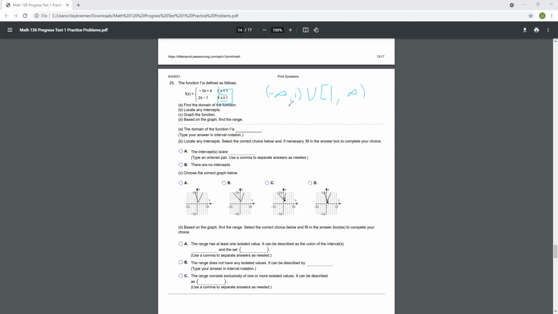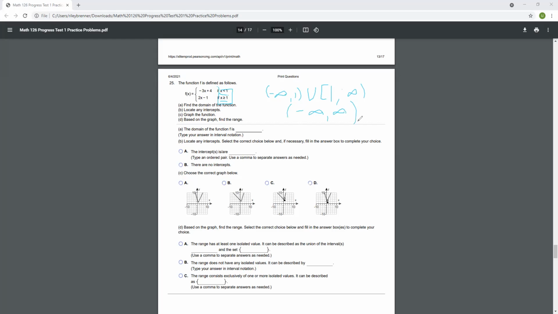Because any number in here is always going to work here, and any number in here is always going to work here. And then when you have something that's this union, I kind of like to think about it as or. It just has to exist in one or the two, right? Because I have one interval where the 1 is not included, but I do have one where it is included, and I'm looking at it just has to be in at least one of them, I can simplify this to -infinity to infinity.